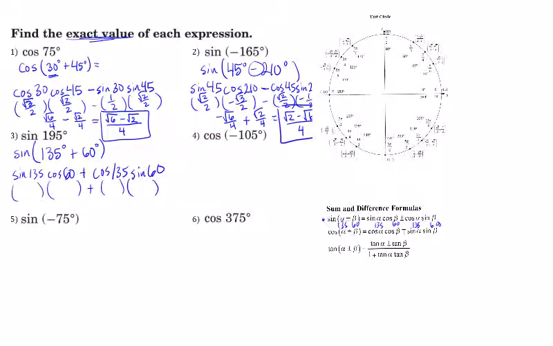And so we'll put in sine of 135, cosine of 60, cosine of 135, sine of 60. Sine of 135 is root 2 over 2. Right? Remember, it's equal to y. Cosine of 60 is equal to 1/2. Right? Should be looking pretty familiar. Cosine of 135 is negative root 2 over 2. And sine of 60 is positive root 3 over 2.